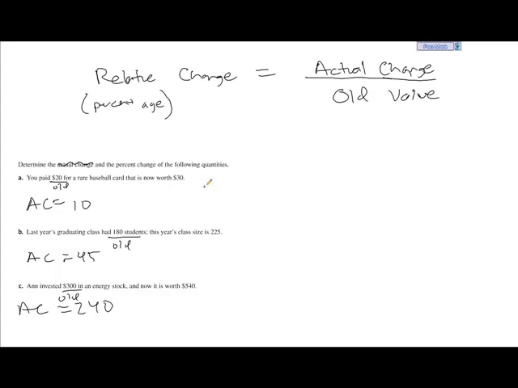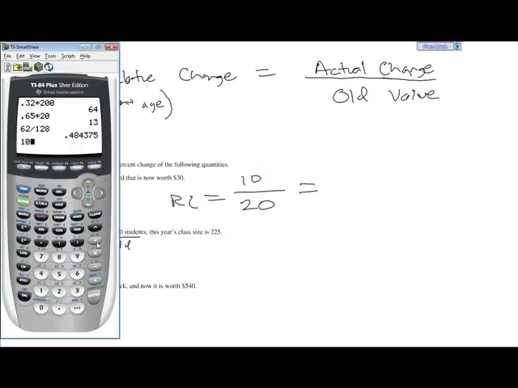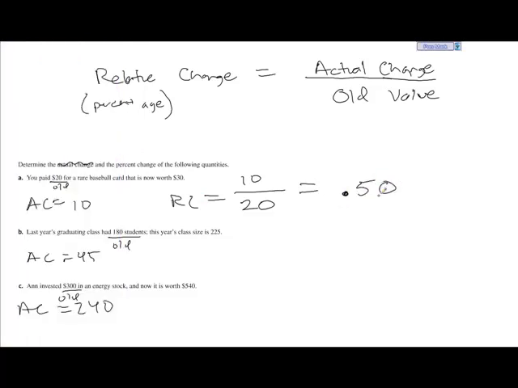So here our relative change, which I'll just abbreviate RC, is going to be our actual, which is 10, divided by our old amount. So we're comparing the amount of growth to the old amount. When we divide these, 10 divided by 20, if you do that in your calculator, you get 0.5, or 0.50 if you'd like.